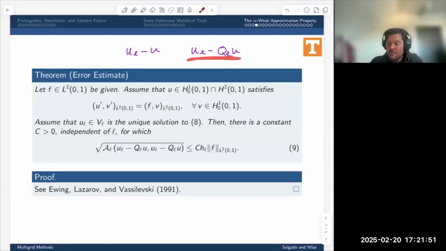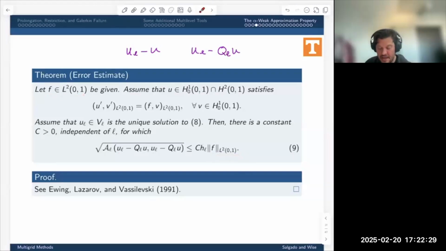That way, both of these functions are in the space VL, and their difference has to be in the space VL as well. The error estimate we're going to use says that the square root of the energy form AL of UL minus QLU against itself, so not exactly the error but a kind of pseudo error, is less than a constant times HL times the L2 norm of that given function f.